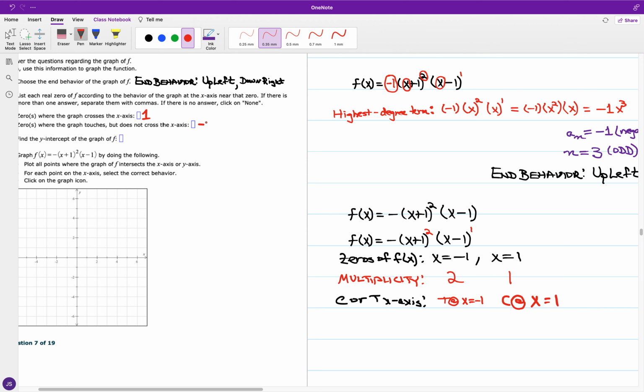And in finding the y-intercept of this function, we've got our function laid out, and we can get to this pretty quickly.